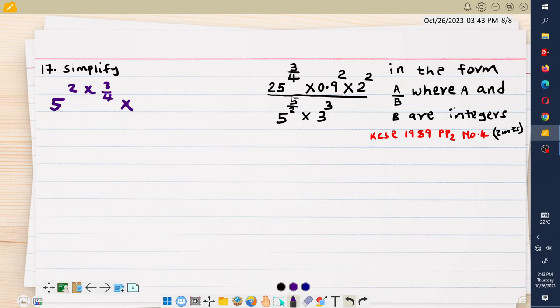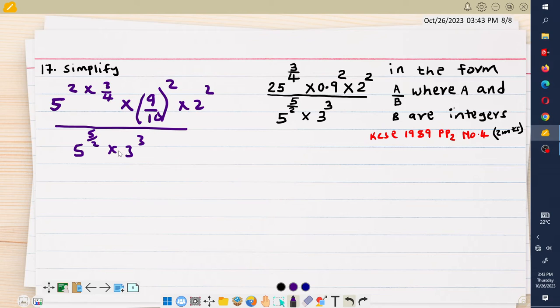Then multiplied by 0.9 squared. 0.9 is the same as saying 9 over 10, so this is 9 over 10, then the whole thing is actually squared. Then multiplied by 2 to the power of 2. Then the whole thing divided by 5 to the power of 5 over 2. Then times 3 to the power of 3.